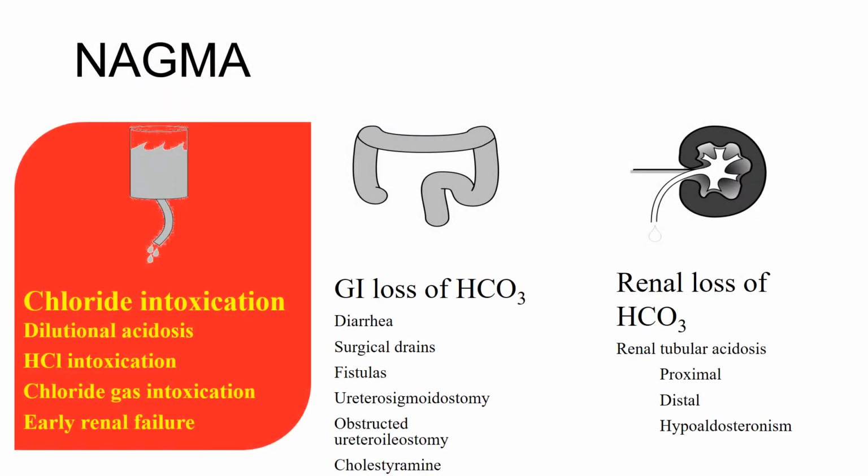Non-anion gap metabolic acidosis should be considered as a phenotype where your bicarbonate level is low and your chloride is high on your chemistry. But you have to remember that a very important lookalike of a non-anion gap metabolic acidosis could be a respiratory alkalosis.